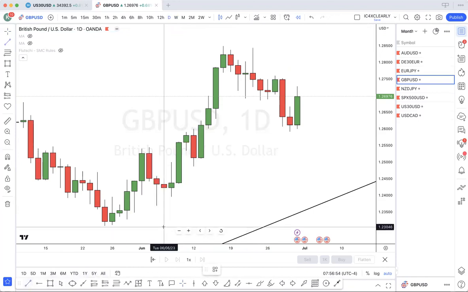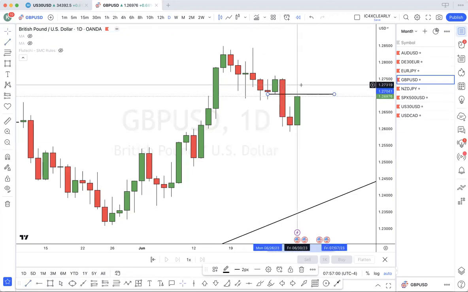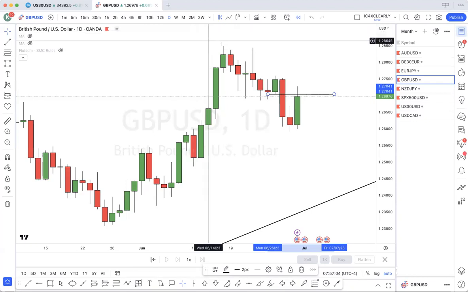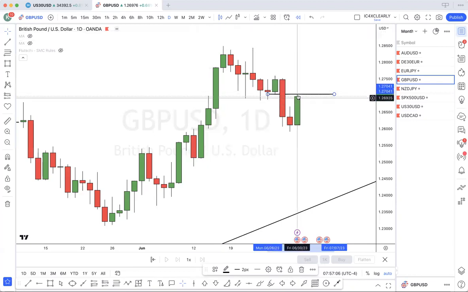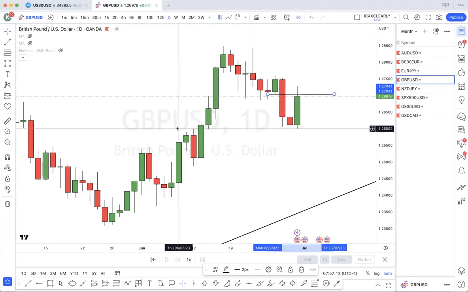And because price is pulling back, price has come into this area. Now let's go down and see if this pullback right here in this wick was any type of break of structure.